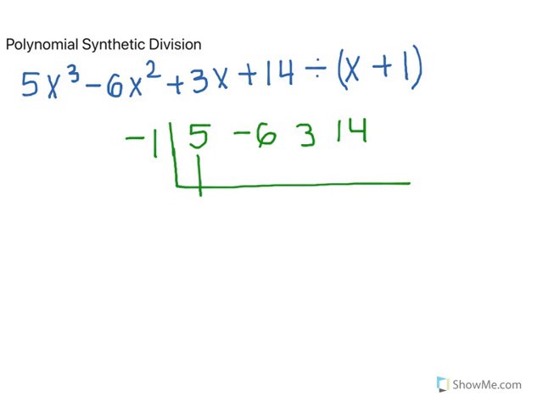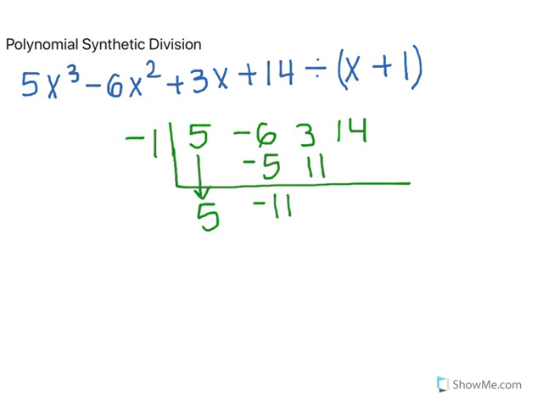So let's start solving. First, we take the 5 down. Next, we multiply 5 times negative 1. 5 times negative 1 is negative 5, so we put that under the negative 6. Next, we add negative 6 plus negative 5, and that equals negative 11. Then, we multiply negative 11 times negative 1, and that equals 11.